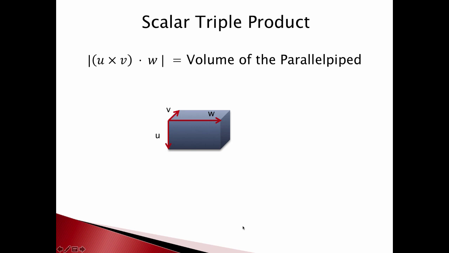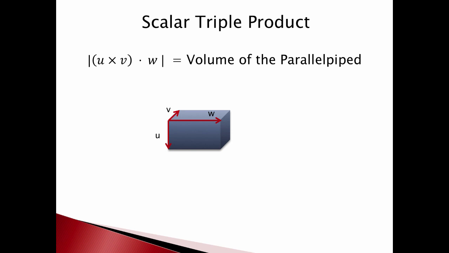So another cool geometric property of the cross product is it lets us find volumes. So suppose we have three vectors, u, v, and w. They are all pointing out from the same point. And we use those to make a box the same way that we used two vectors to make a parallelogram a second ago. So we call that kind of a box a parallelepiped. That's the fancy geometry name for that.